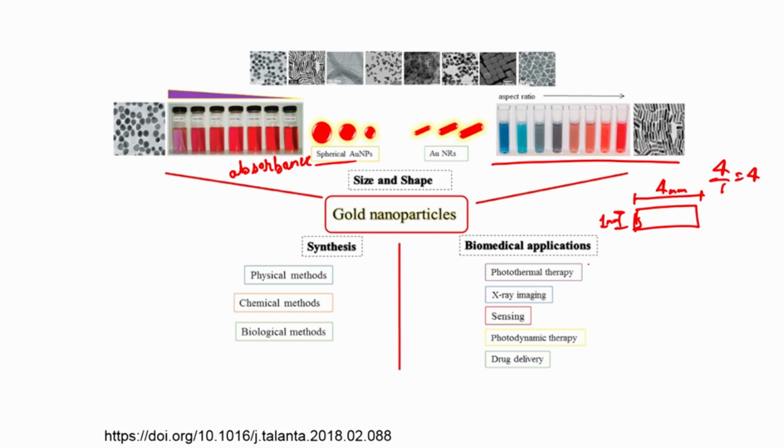They have been used for photothermal therapy. So these things will absorb light and will actually heat up, and the local temperature around these particles will increase to very high levels, up to let us say 60 degrees Celsius, 70 degrees Celsius, and this can then be used to kill whatever cells are in the surrounding.